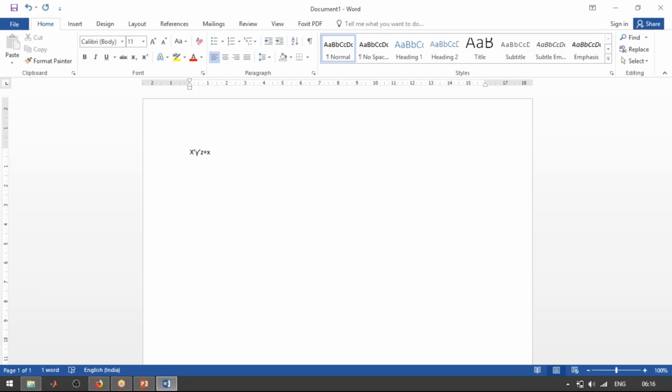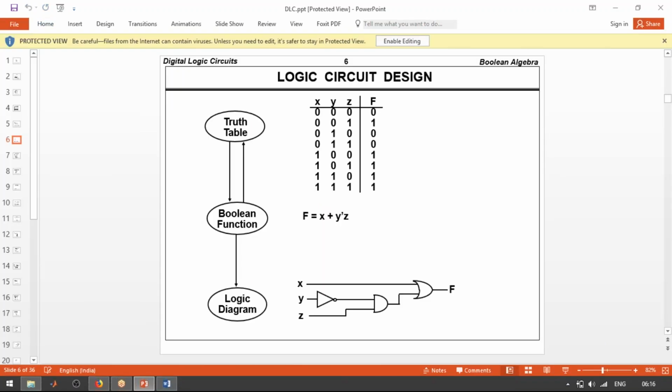Yeah, we got this one. We know this. Okay, that simplification you know now.